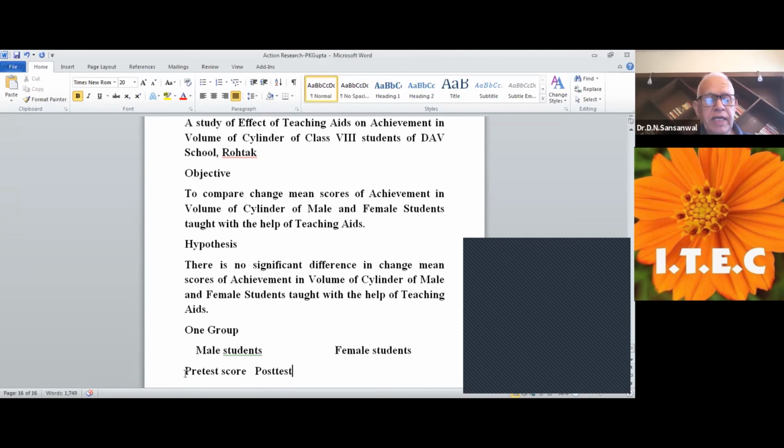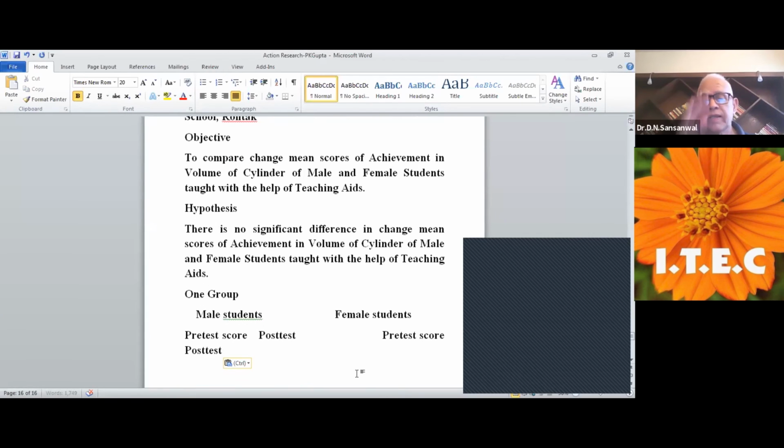Similarly, you will have the pre and post for the female also. Let me not write the score so that I save some space.